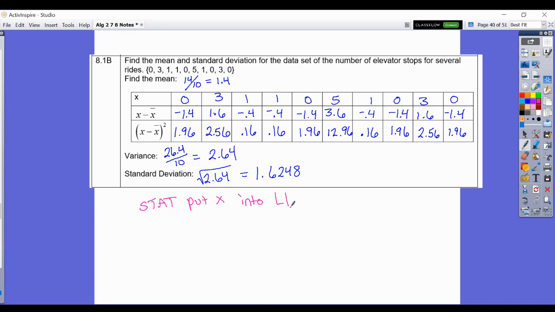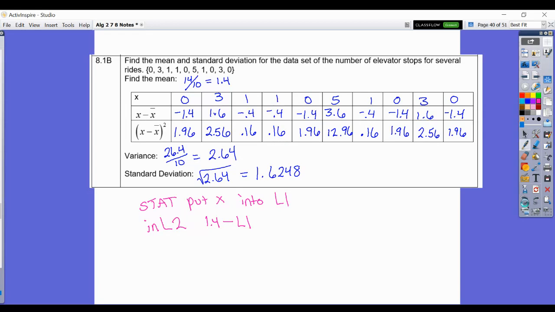In L2, when you're up at the top, you can put down at the equals, 1.4 minus L1, and it will take 1.4. Oh, I did that backwards, right? Sorry. L1 minus 1.4.